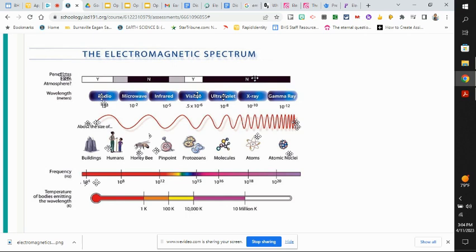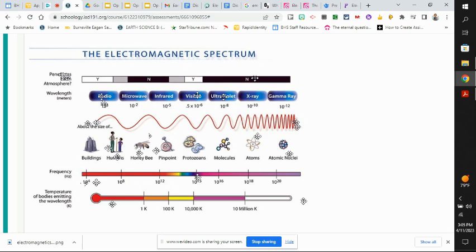So 10 to the fourth for radio waves, that's 10,000. 10 to the eighth, 10 to the 12th, 10 to the 15th is 1 followed by 15 zeros, all the way to 10 to the 20th and more. So the frequency increases as wavelength decreases. And finally, the temperature of an object that is emitting these types of waves. We'll get into that another time.